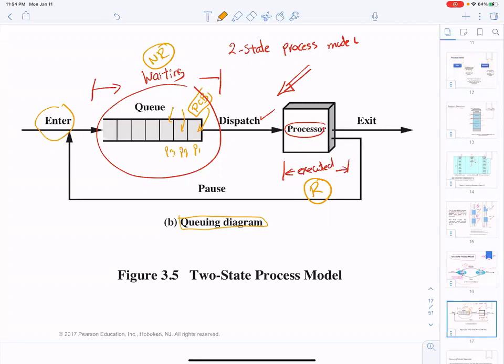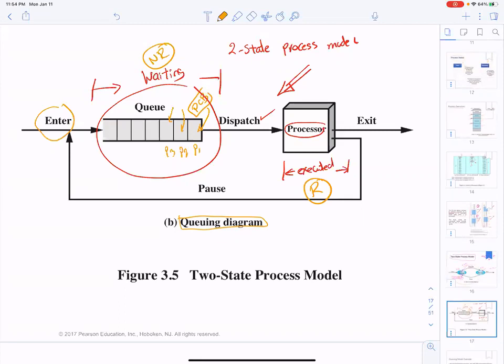So you could have a linked list of data blocks in which we guarantee that each block would represent one process. And it's more flexible to implement a queue using a linked list as compared to representing a queue as just one array. So using this queuing diagram, we could describe the behavior of the dispatcher in terms of which process is now scheduled for execution.